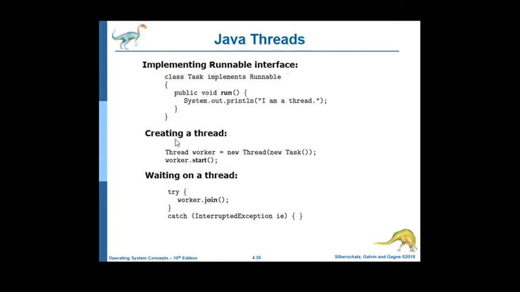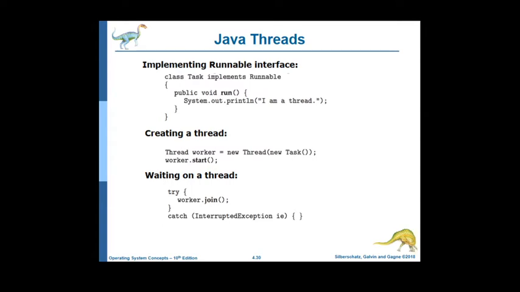Now we look at thread creation. Thread creation in Java involves creating a Thread object and passing it an instance of a class that implements Runnable, that is the task class, followed by invoking the start method on the Thread object.